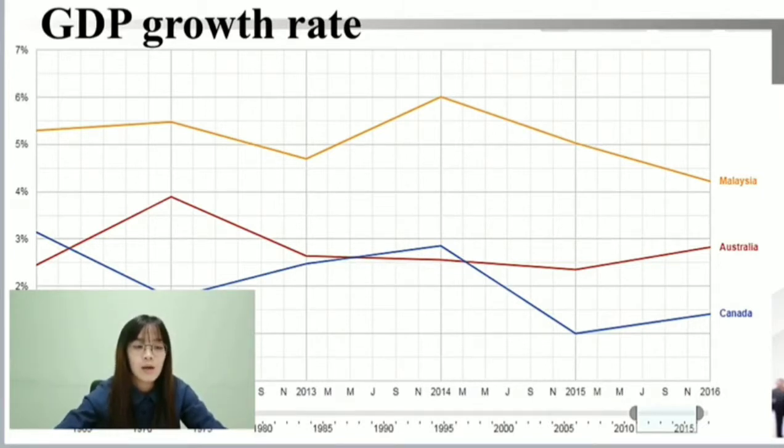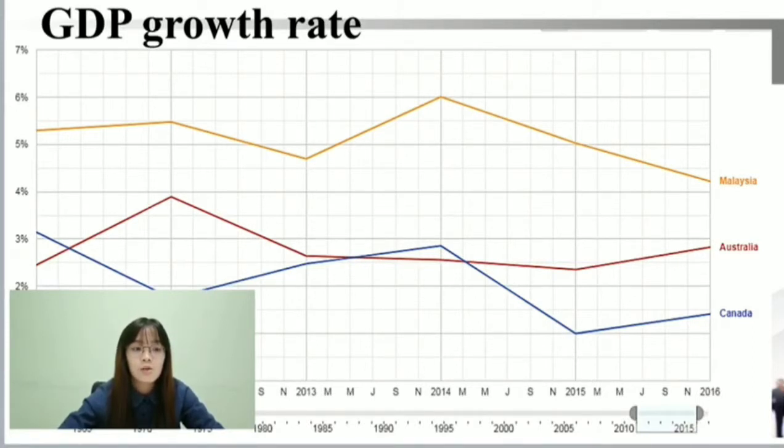In year 2012, Australia's GDP growth rate reached its peak at 3.9%, an increase of 1.4% from the year 2011, and then suffered a decline of 1.3% in year 2013 to 2.6%.